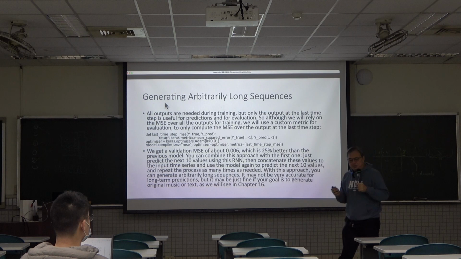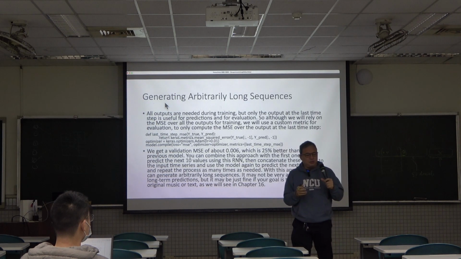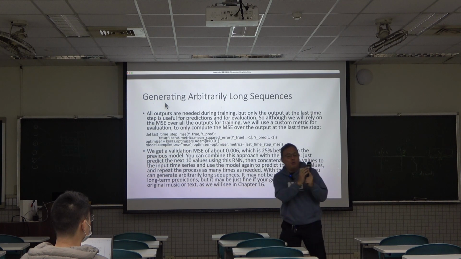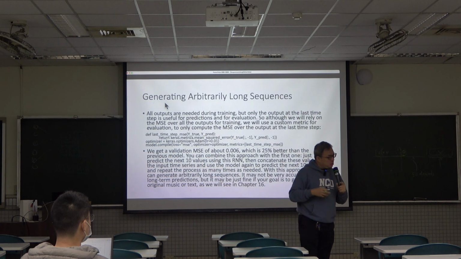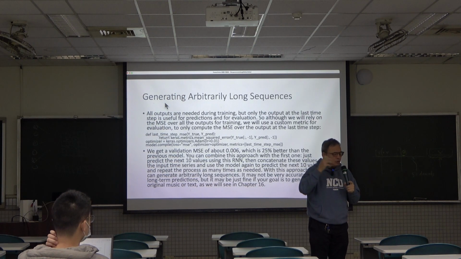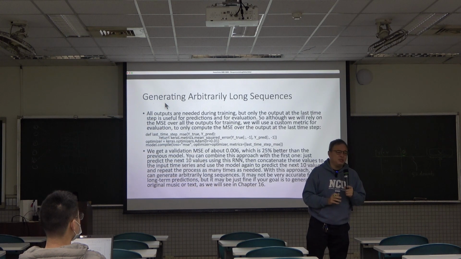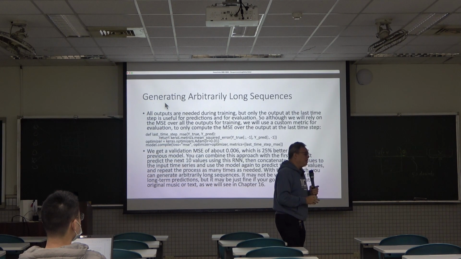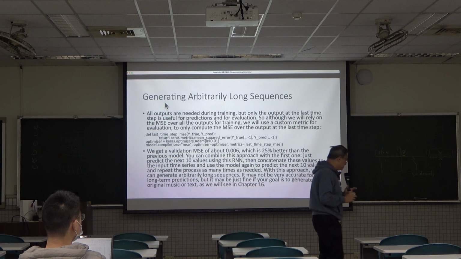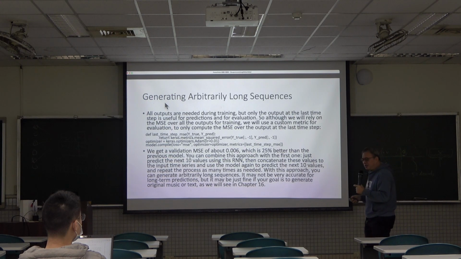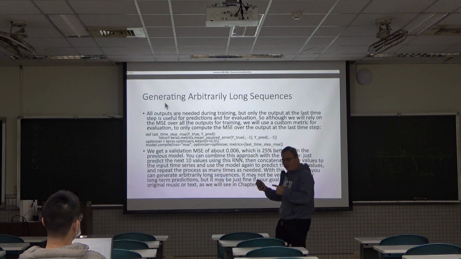On the other hand, if you use a shorter sequence and you expect to train a model to predict one long sequence, that model most likely will not perform very well, just because you don't have enough information. So these two approaches can be combined. As for how you combine them?